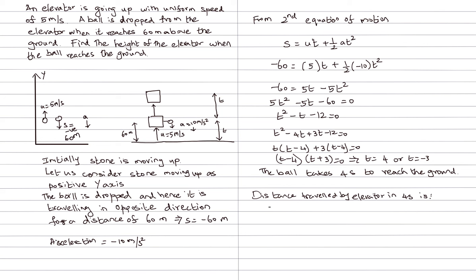what is the formula? Velocity or speed equal to distance by time. That means distance equal to speed into time.